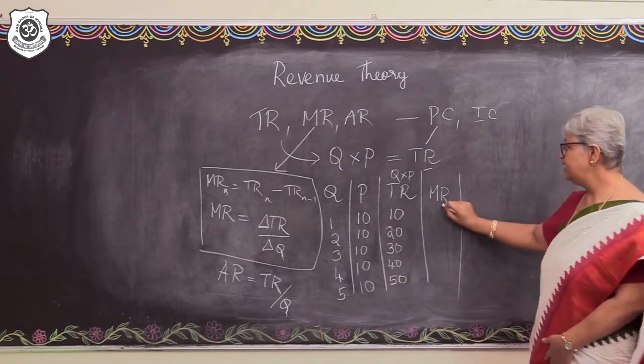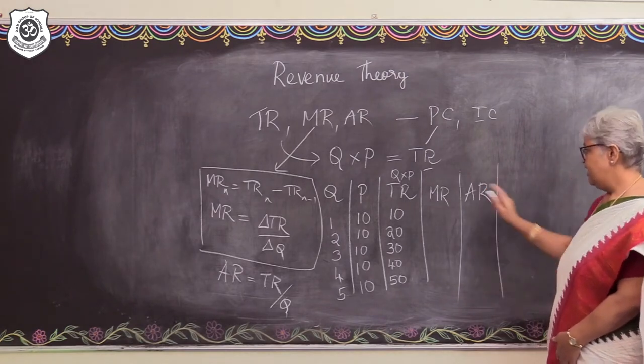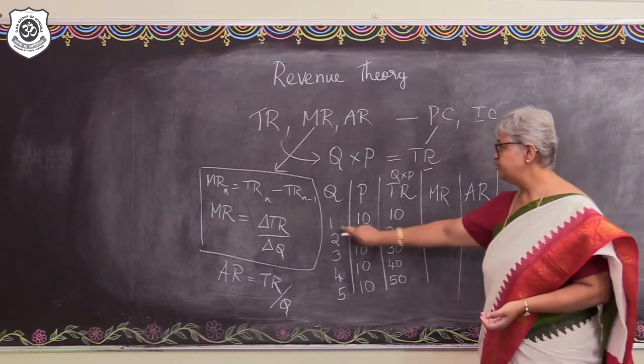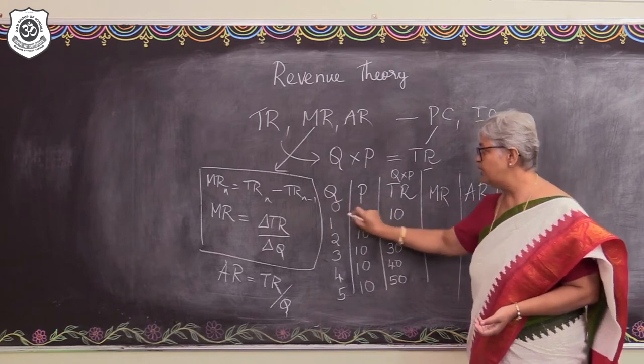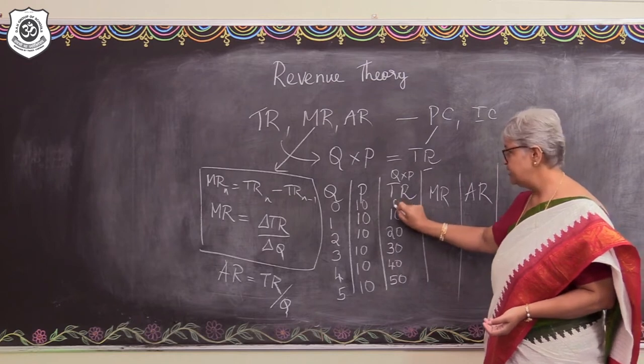Yes? So, MR in this case and AR, we will have it there in the next column. The marginal revenue for the first unit. Yes? So, when no output is sold in the market, what will be the total revenue? 0, isn't it?